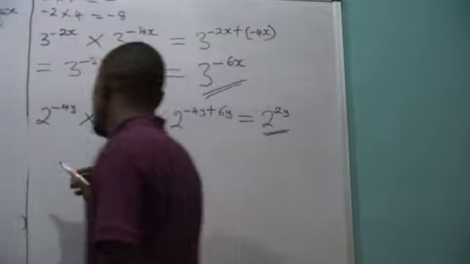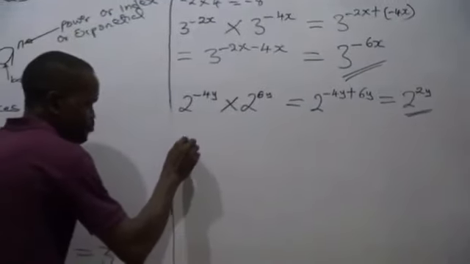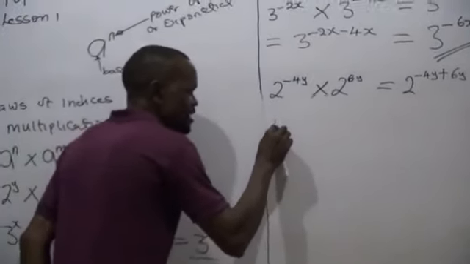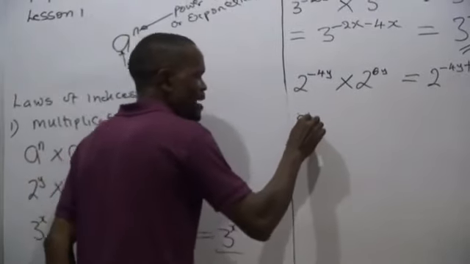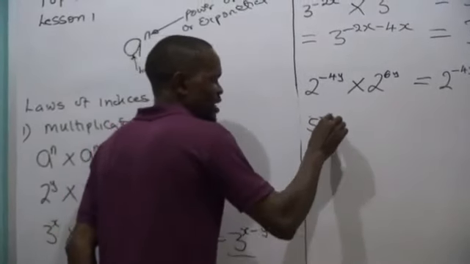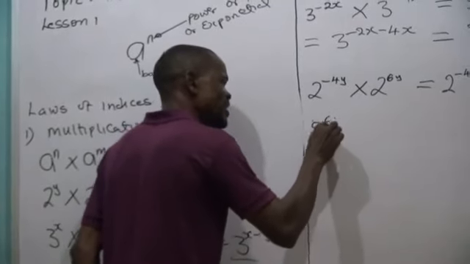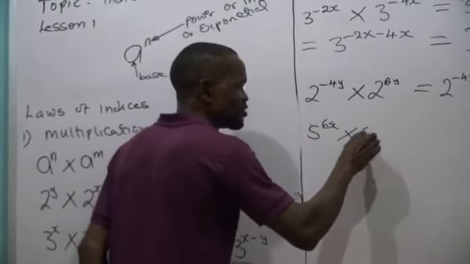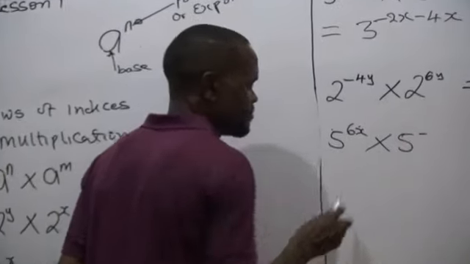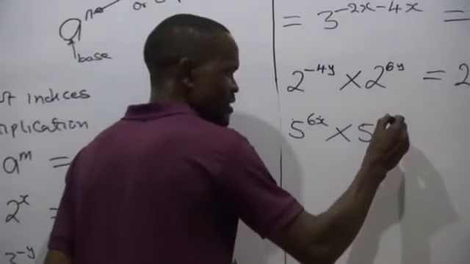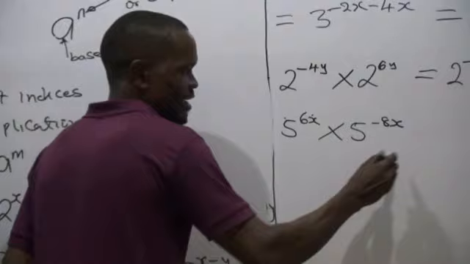Then another example. If I have this, let's say 5 raised to the power 6x times 5 raised to the power minus 8x.